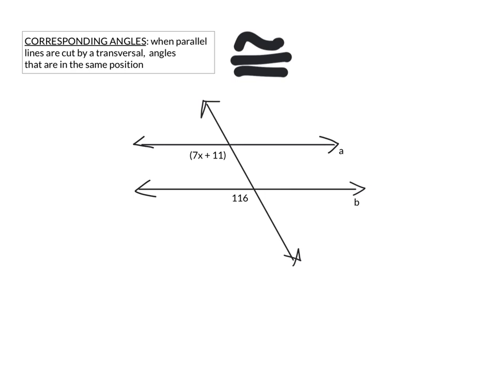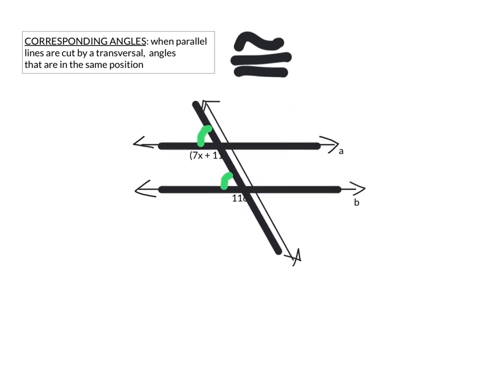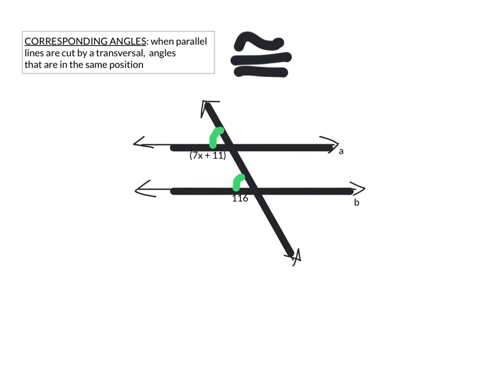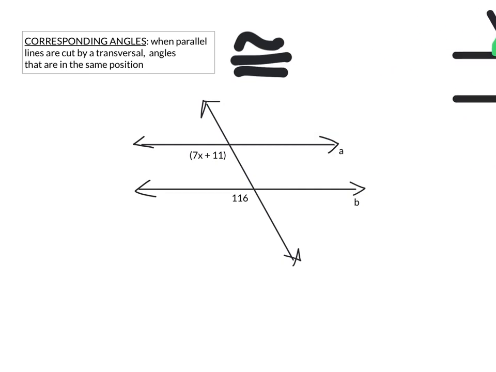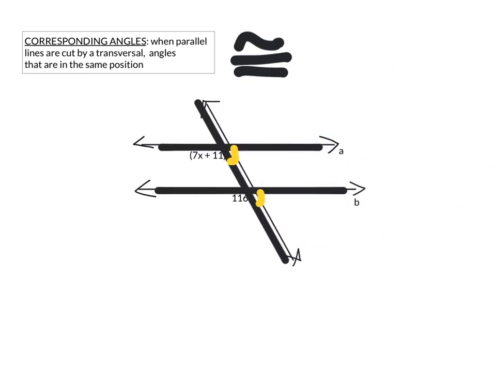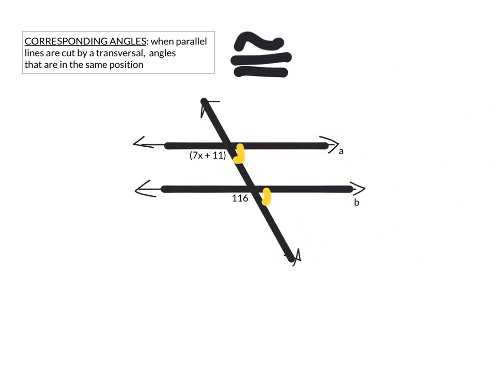We can also take a look at this pair on the top left, which are in the same position, so they are congruent. And finally, we have one more pair on the bottom right. They are also corresponding and congruent. So there are four pairs of corresponding angles.